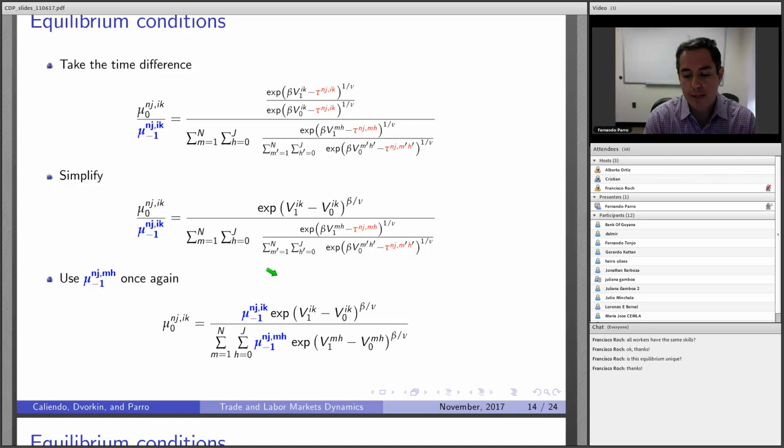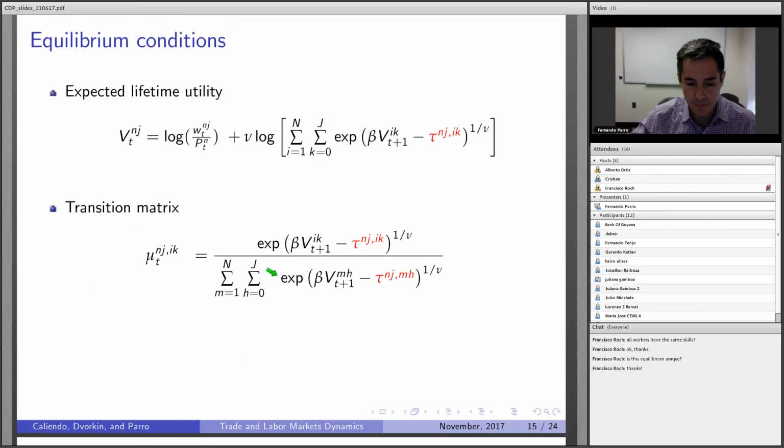What you can see in this equation is that the time difference in the value of going to any labor market and the initial migration flows in the data are enough to solve for the entire path of migration flows at each time t.